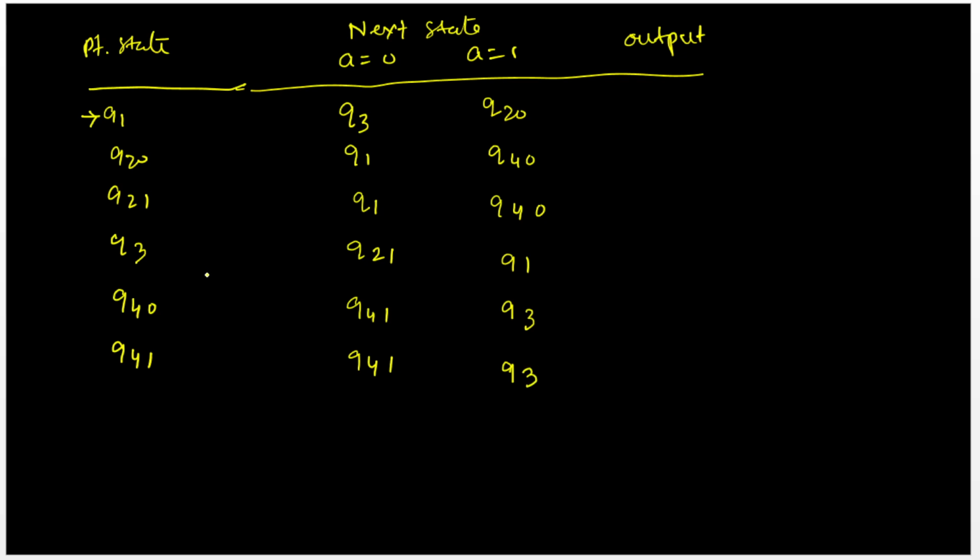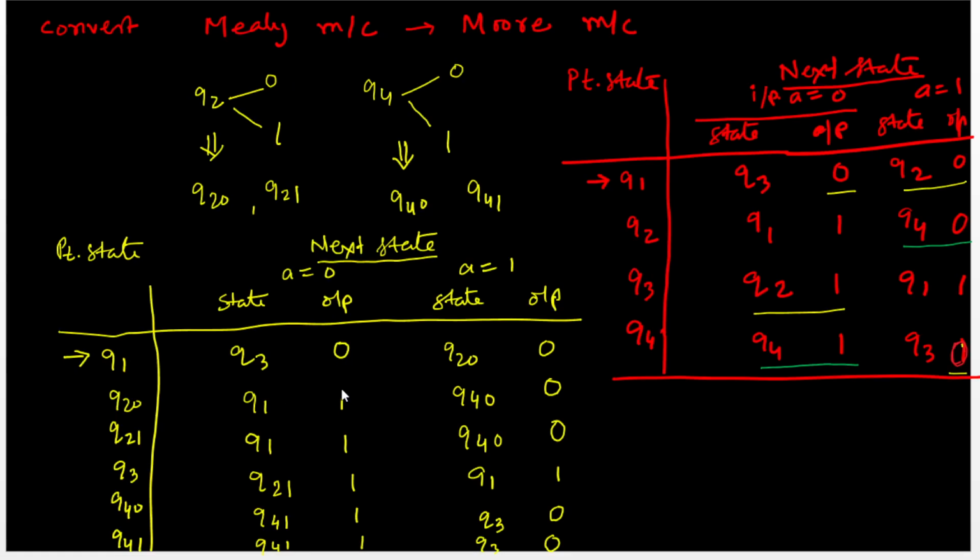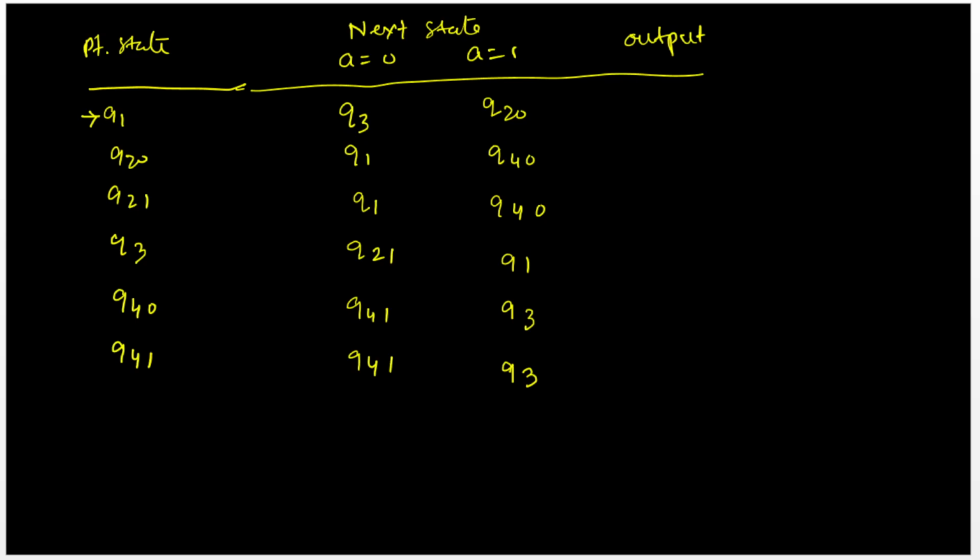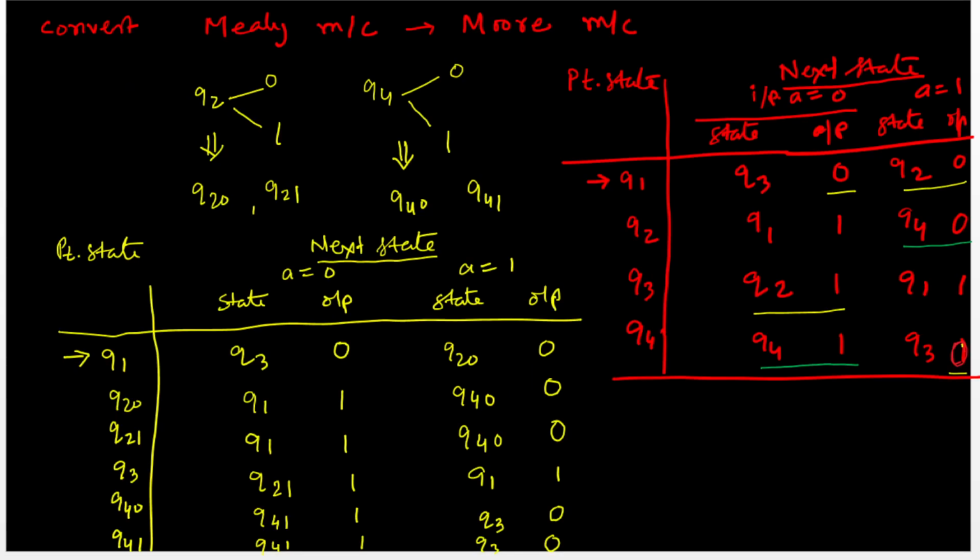Now the output. Look, Q1 in the table, in case of Q1, there is a unique output 1, right? So we just write this output here, 1. Now for Q2 0, in this table, Q2 0 is associated with the unique output 0. Anywhere in the table where you find the Q2 0 state, its output is 0.